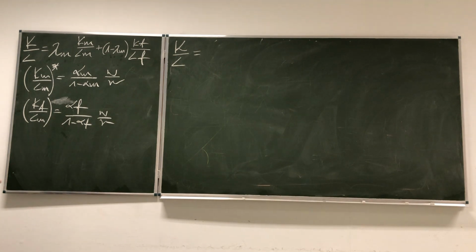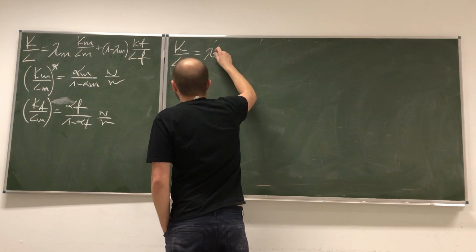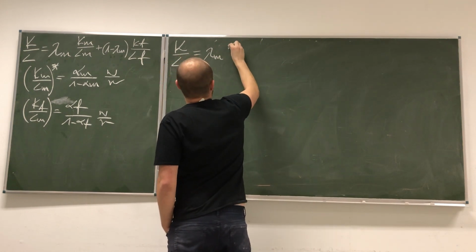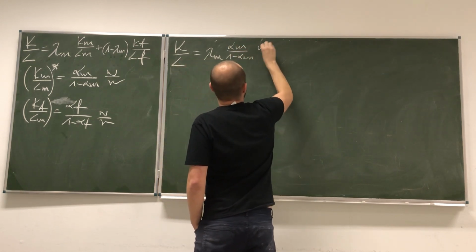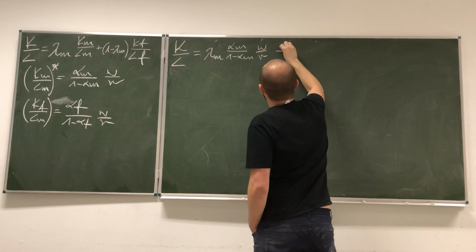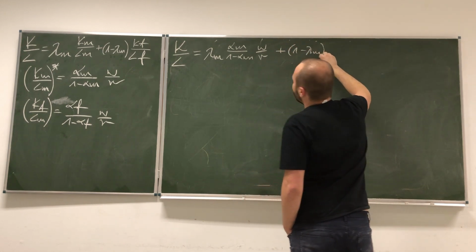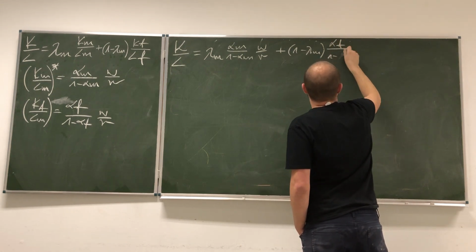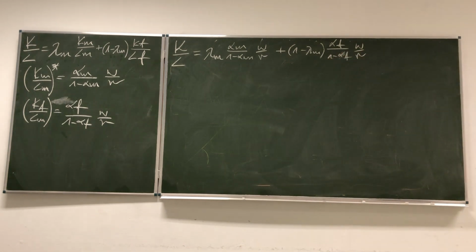Okay, so we've got this is lambda m times alpha m over 1 minus alpha m times w over r plus 1 minus lambda m times alpha f over 1 minus alpha f times w over r.